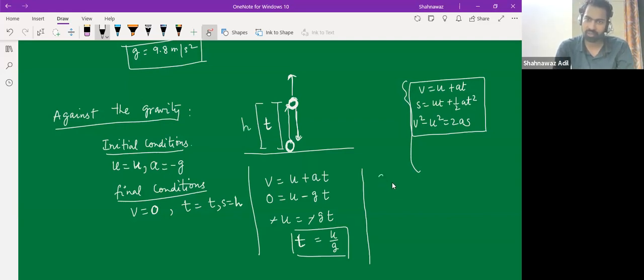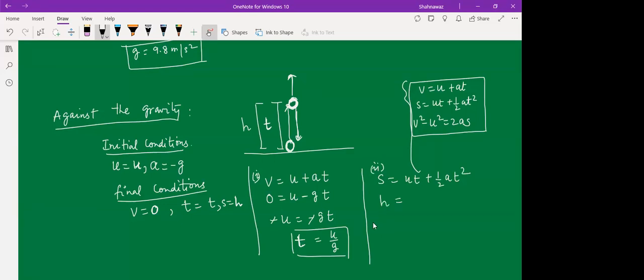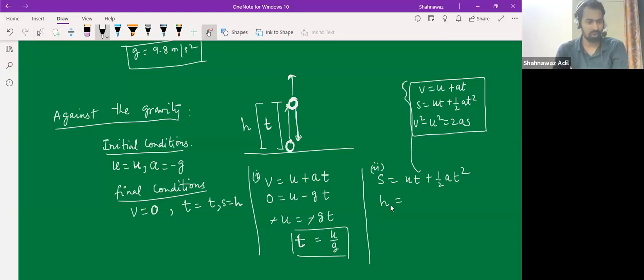So S is using the first equation and then using the second equation, ut plus half at square. Right, so this is H. Sir, we have to use all the equations? No. They will give some things to calculate, and then you will have to find that out.